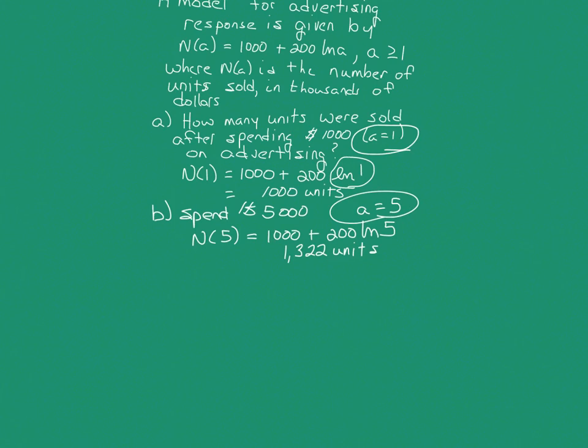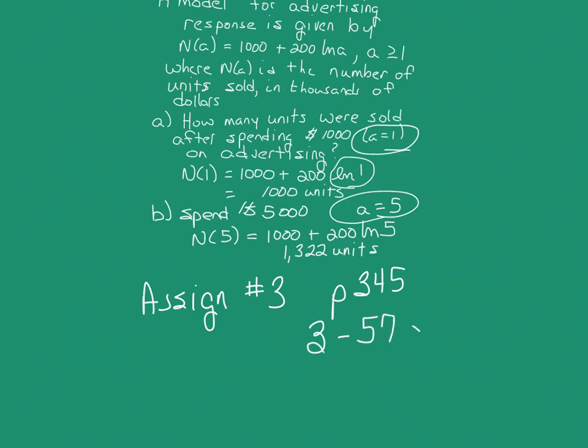All right, the assignment here is assignment number 3. It's page 345, 3 to 57, every third, 67, 79, 81, and 96.